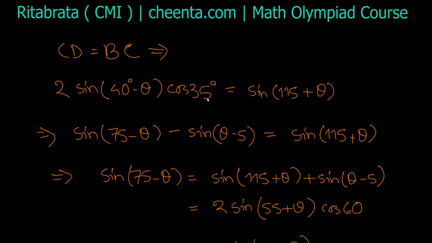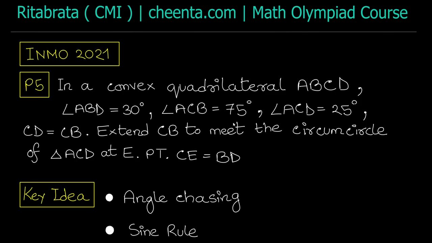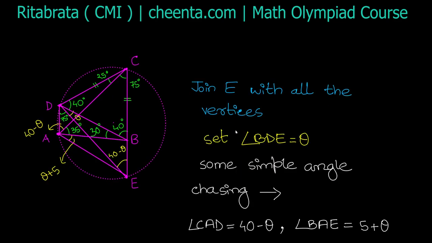After we get theta 10, now we have to show that CE equal to BD. Now we try to express CE and BD in terms of these trigonometrical things. We can just use directly the sine rule: CE by sine of angle CDE is 2 times the circumradius, and this angle is just 40 plus theta, and theta is my 10 degree, so this is 50 degree.